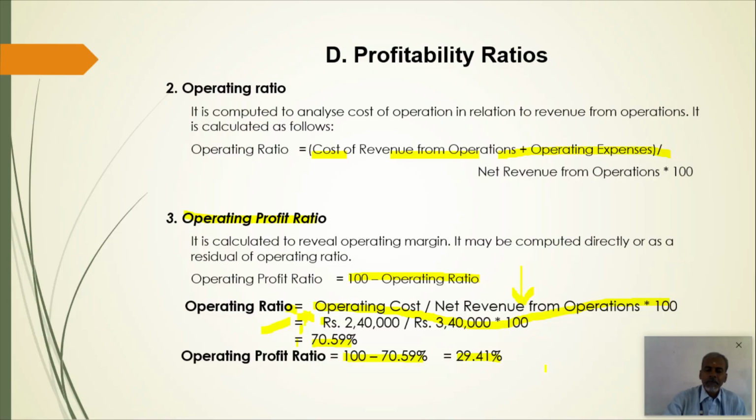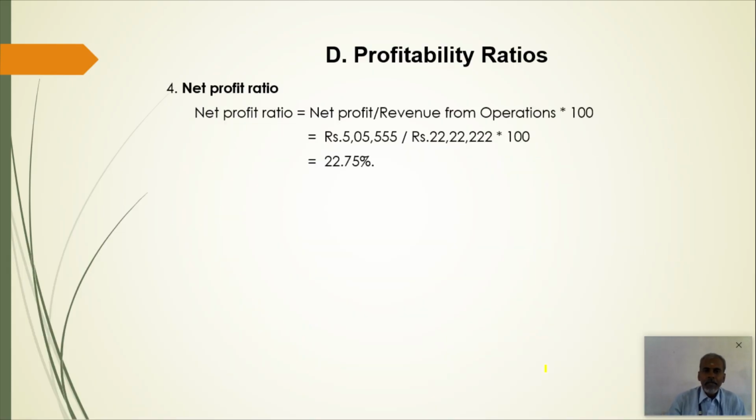We'll move into the net profit ratio. It is simple. Here you divide net profit by net sales. Here it is given as net revenue from operations, which is nothing but net sales. You multiply by 100, and here you get a percentage of 22.75%.